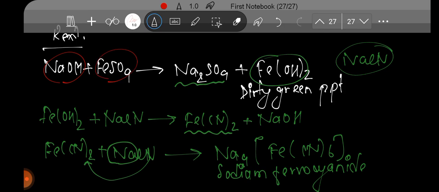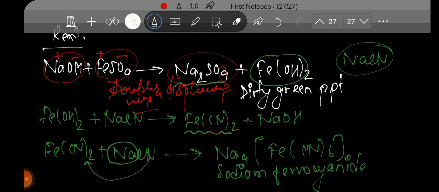After adding FeSO4, this is a simple double displacement reaction. Simply plus minus, you can write Na2SO4 and Fe(OH)2, which is known as the dirty green precipitate.